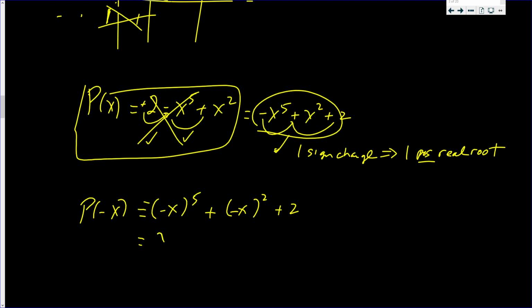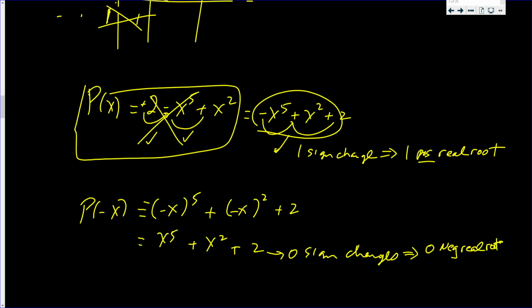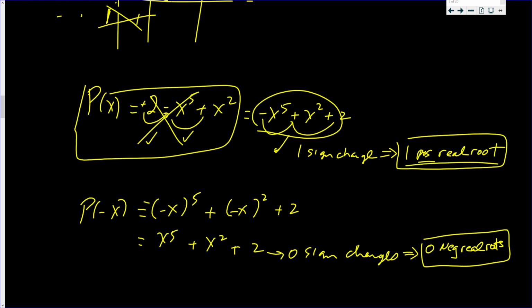This will become positive x to the fifth plus x squared plus 2. 0 sign changes, which implies 0 negative real roots, which is good because there's no two possibilities for positive real roots. Like if we had 3 sign changes, it can be 3 or 1 real root. But here, just one answer. 1.